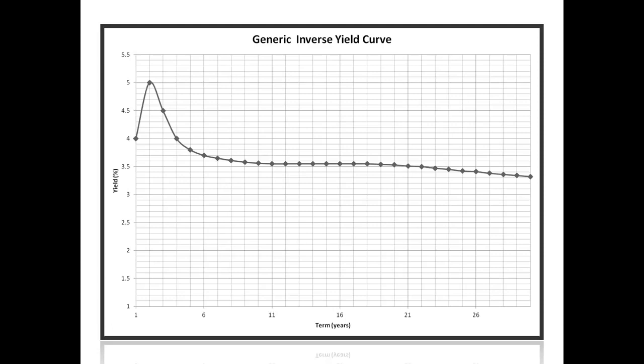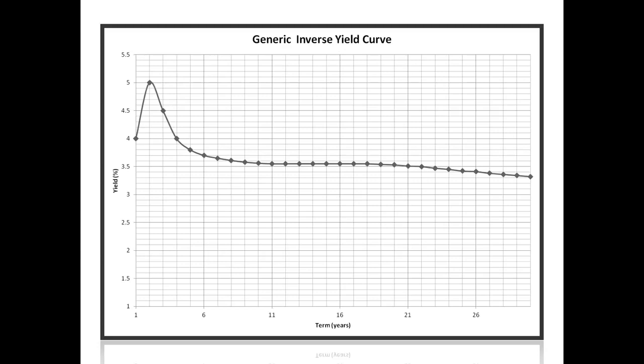Now, a chart that's really uncommon to see is an inverse yield curve. Okay, and you can see on this chart, if you were going to buy a bond at 1 year term, you'd get a 4% yield. Had a 2-year bond, it would be a 5% yield. And just so you know, if it's 1 year, it's not considered a bond. It's actually considered a bill. So the proper terminology is a bill at that point.